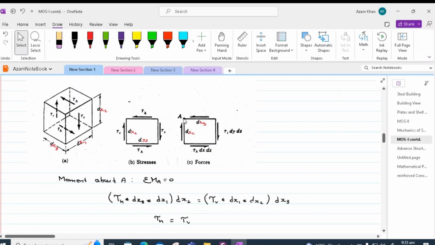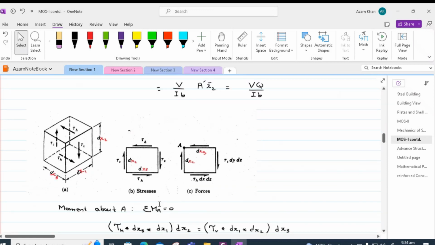And if we take a moment about A, this horizontal stress times the area into the lever arm dx2 is equal to the vertical shear stress times the area dx1 dx2 and times the lever arm, which is dx3. dx1 dx2 dx3 get cancelled, and we get the horizontal shear equal to vertical shear.